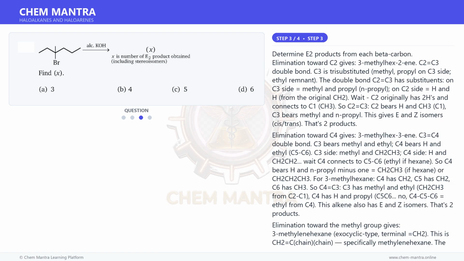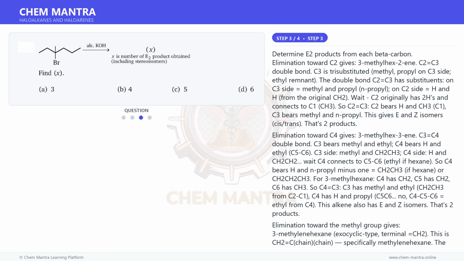Elimination toward C4 gives 3-methylhex-3-ene. C3=C4 double bond. C3 bears methyl and ethyl, C4 bears H and ethyl, C5, C6. Wait, C4 connects to C5, C6.